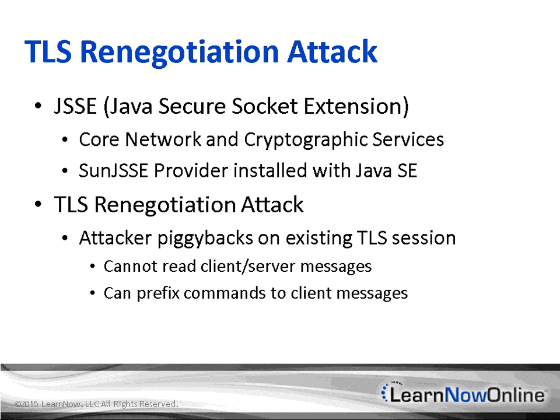Instead, the attacker can prefix its own commands to the client communication to inject commands, downgrade a secure HTTPS session to a plain text HTTP one, or inject custom responses that appear to come from the server through exploiting the TRACE command.